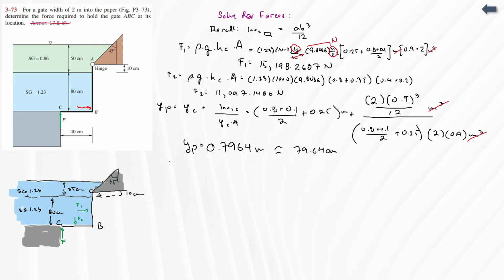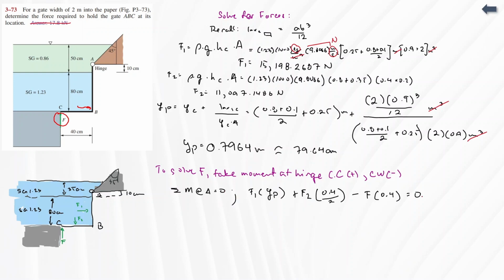Okay? So, how do we solve now for F? In this case, gagamit tayo ng konting moment. Okay, to solve F, we take moment at the hinge in A. So remember, counterclockwise natin positive, clockwise natin will be negative. So then you would yield the summation of moment at A, and you would yield this following equation.